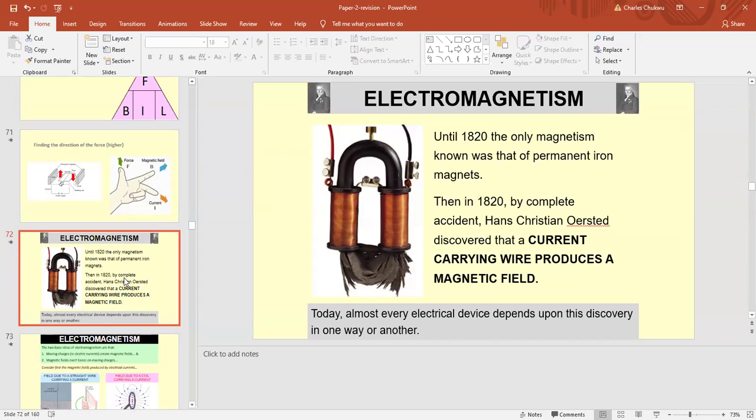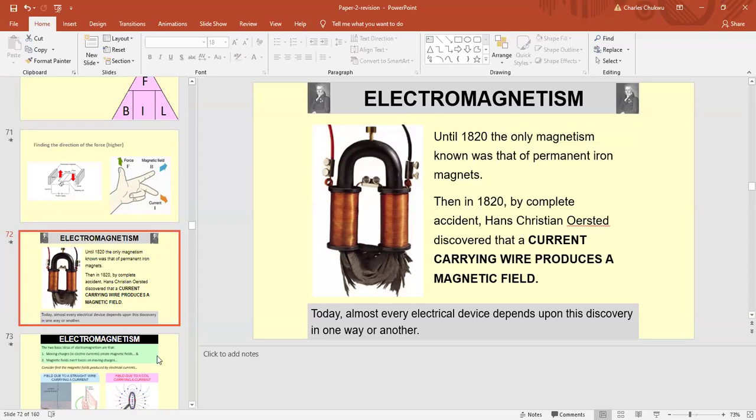Okay. Until 1820, the only magnetism known was that of permanent iron magnets. Then in 1820, by complete accident, wow. So that means some good things can show up as accidents. Some, I say. Hans Christian Ørsted discovered that a current carrying wire produces a magnetic field.